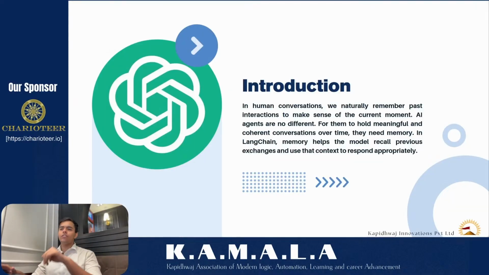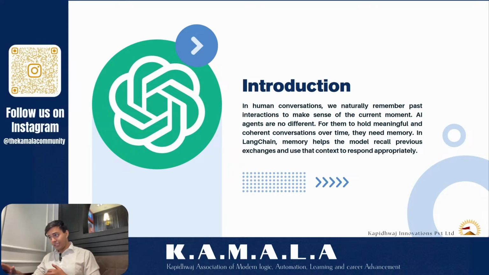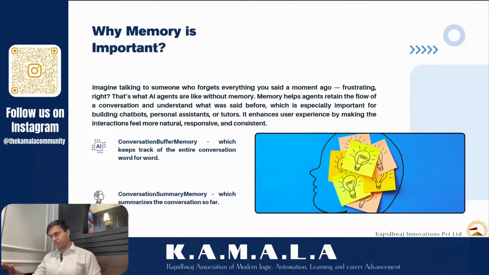Take it this way. In human conversations, we naturally remember past interactions to make sense of the current moment. AI agents are no different. For them to hold meaningful and coherent conversations over time, they need memory. In LangChain, memory helps the model recall previous exchanges and use that context to respond appropriately.